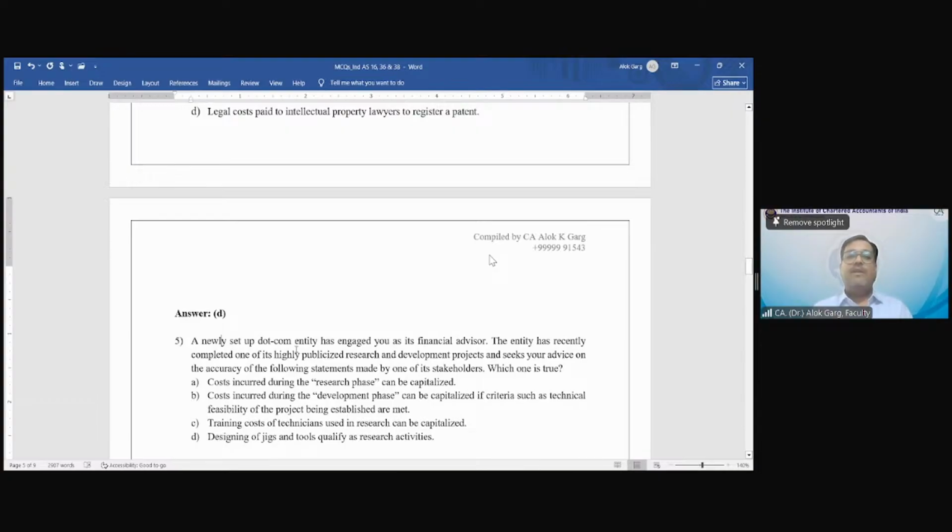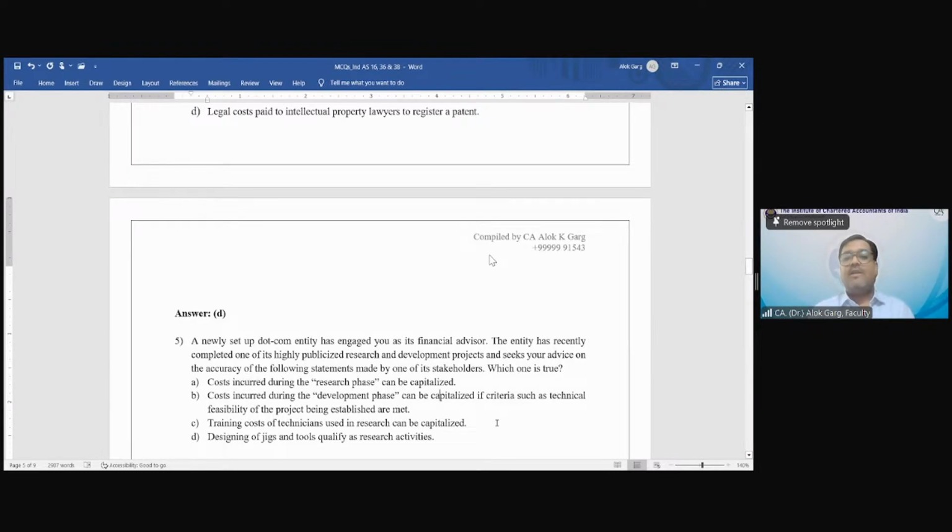Question number 5. A newly set up .com entity has engaged you as its financial advisor. The entity has recently completed one of its highly publicized research and development projects and seeks your advice on the accuracy of the following statement made by one of the stakeholders. Which one is true? Cost incurred during the research phase can be capitalized.